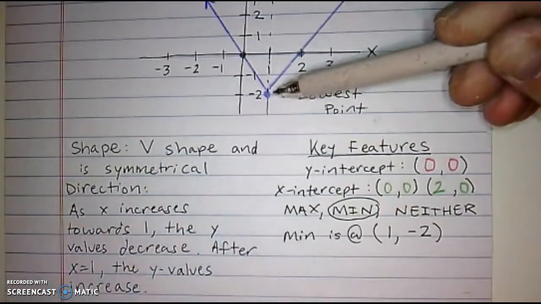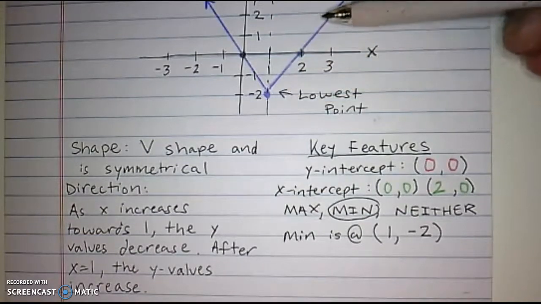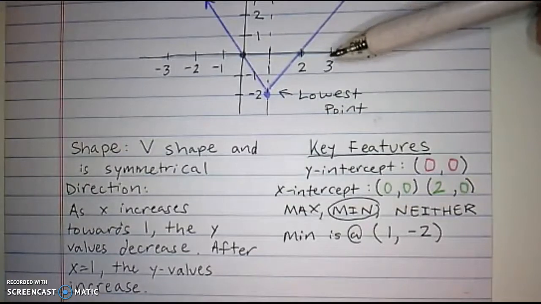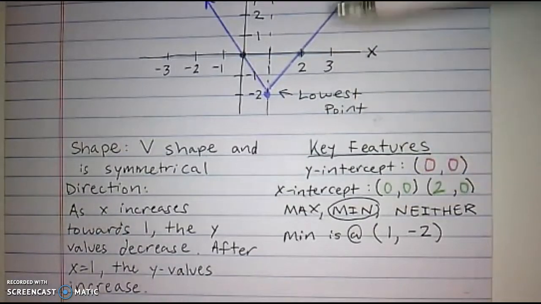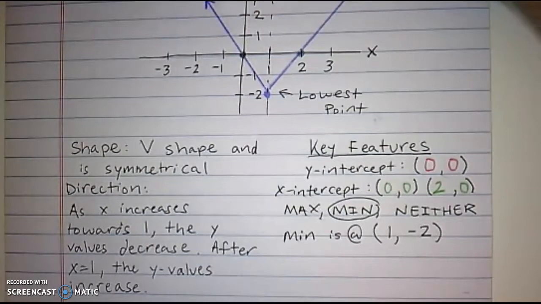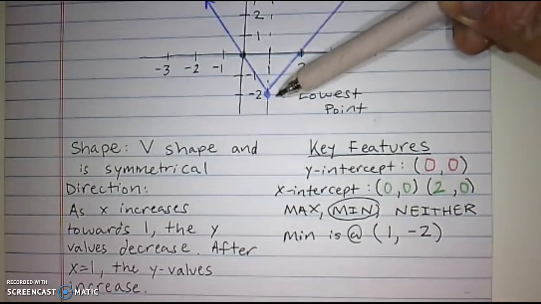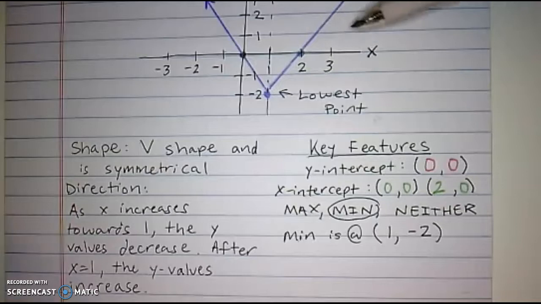After x equals 1, what we notice is that those y values actually start to change direction. They start to increase after this point. So if we take a look at how I describe the direction in total, I'm saying this. As x increases, you will notice that y is decreasing until we get to x equals 1. After x equals 1, our y values are increasing.